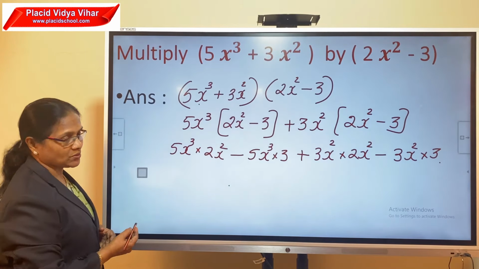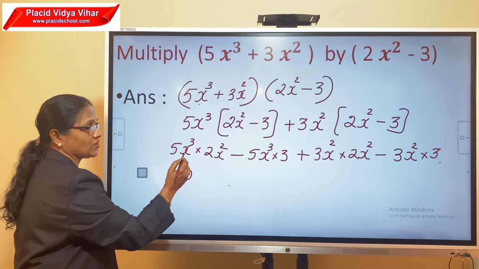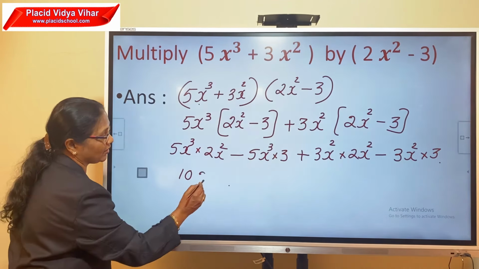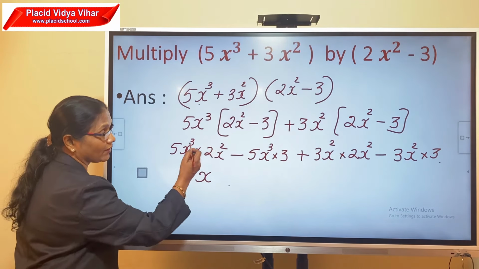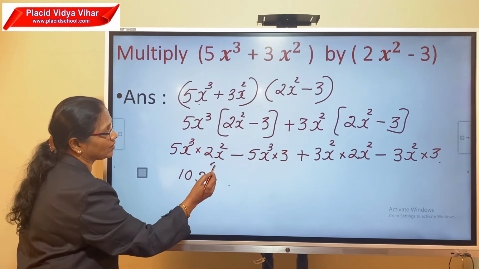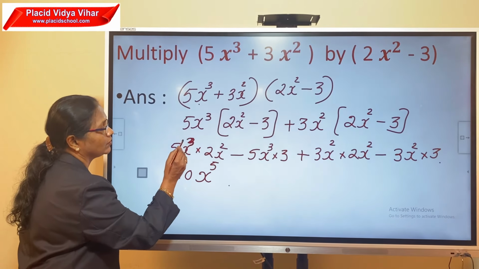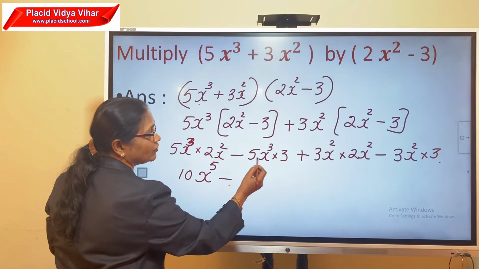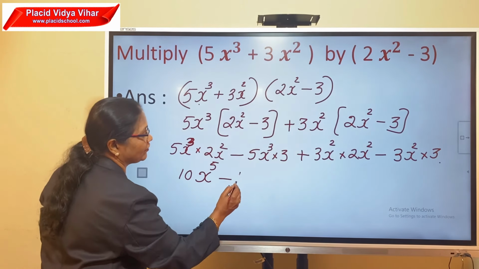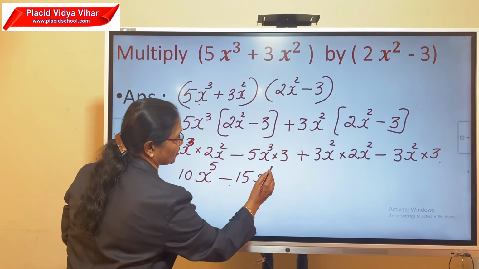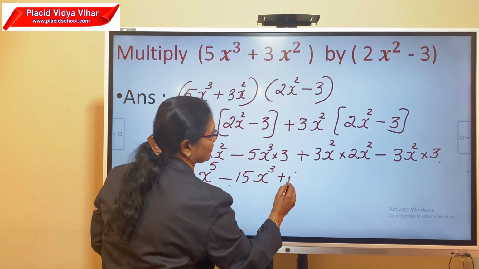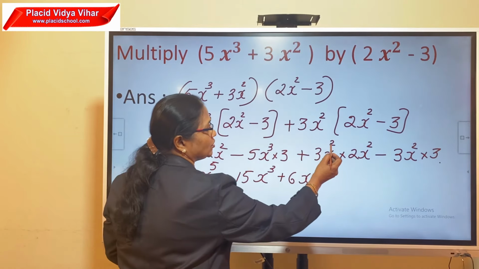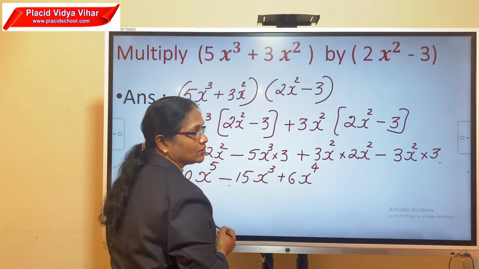5 times 2, 10. X cubed into x squared becomes x raised to, we have to add the exponents, 3 plus 2 becomes 5. Minus 5 times 3 becomes 15x cubed. Again 3 into 2 is plus 6, x raised to 2 plus 2 is 4.